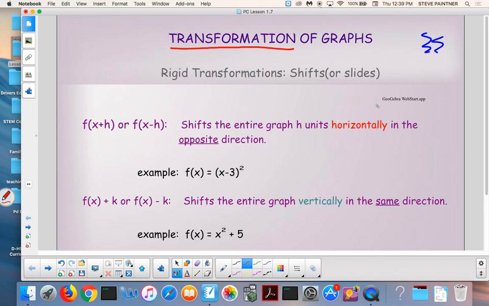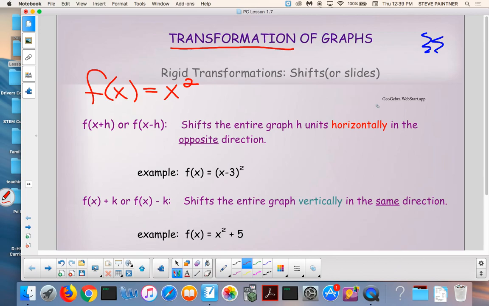Shift it. Right, left, up, down, okay? And that would be the easiest transformation to make, because all you have to do is add a number to x, or subtract a number from x or y. Okay, so let's just quick talk. If you have a function, f of x, and let's pretend it's the quadratic one because it's easy.